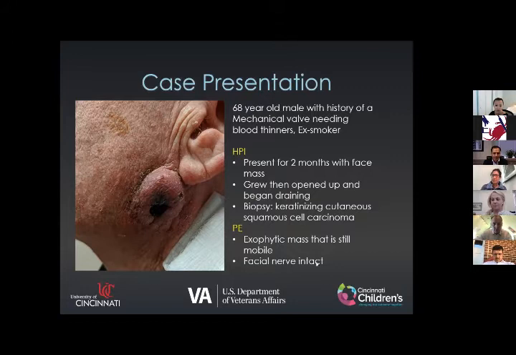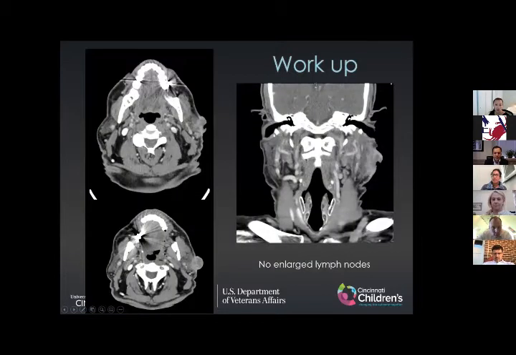There's about a 3 to 4 cm exophytic mass. It's mobile. It's not fixed to the mandible. And the facial nerve branches appear to be all intact. The workup includes a CT scan, which on this axial view is not very well demarcated, but here's a better look where you can see normal parotid tissue deep to it.